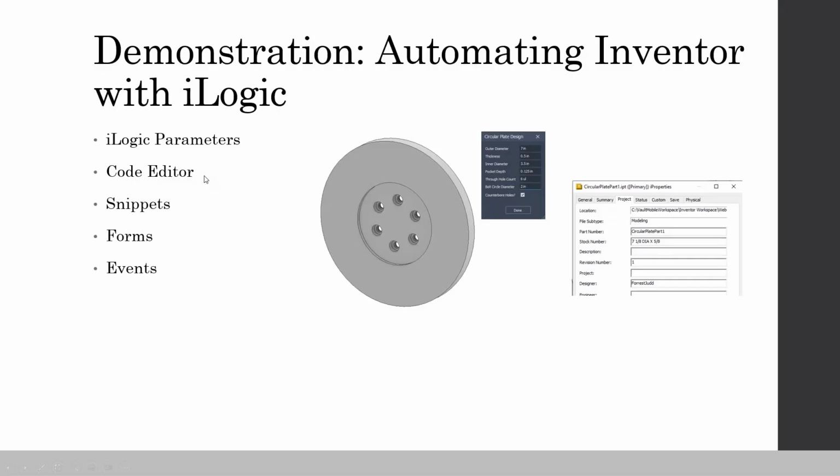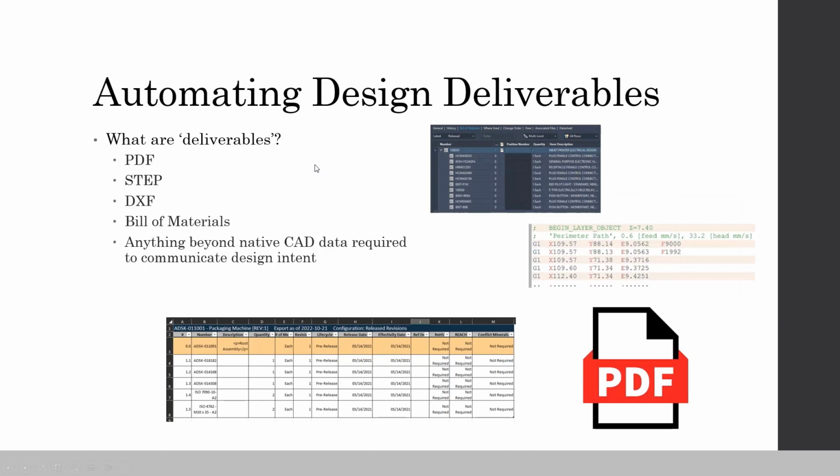All right, so in this case, we have a design, right? We used iLogic to get to a design. And we even got a PDF out there on the network. But there may be some other things that we need to do, our deliverables, because it's not enough usually to just create an Inventor drawing.